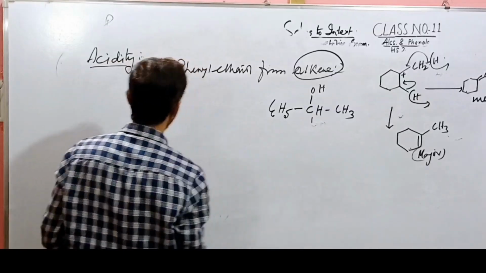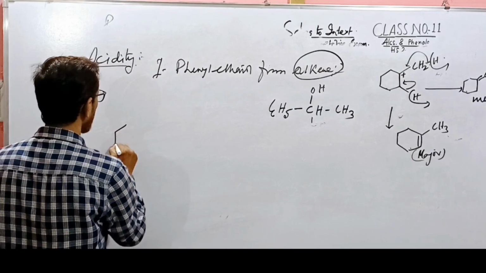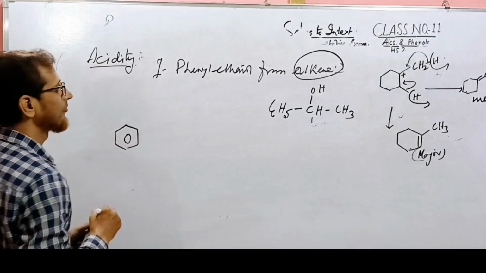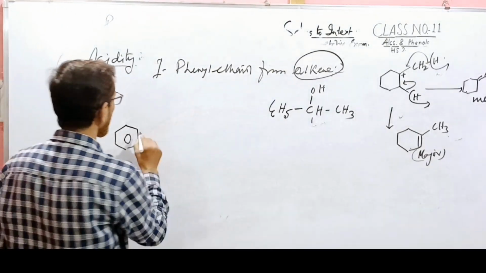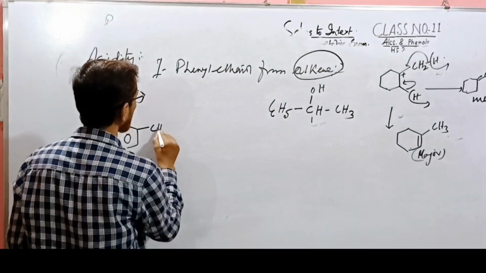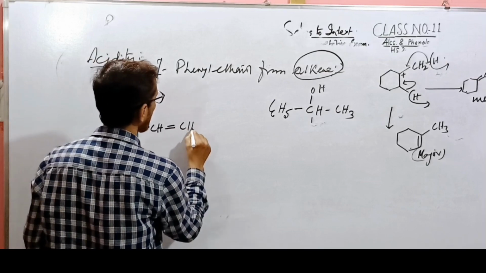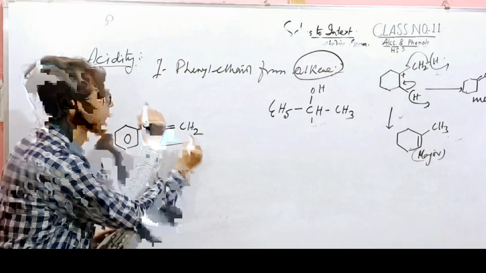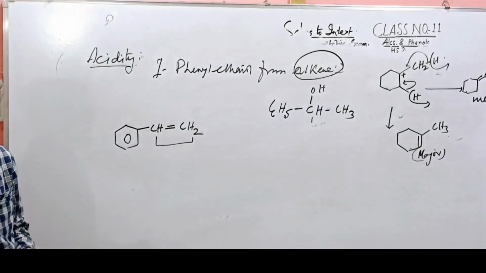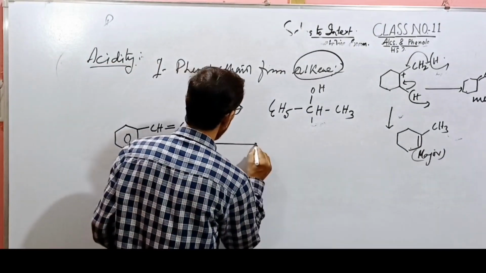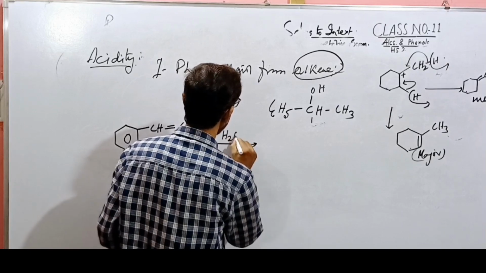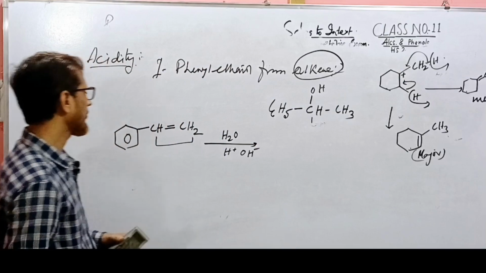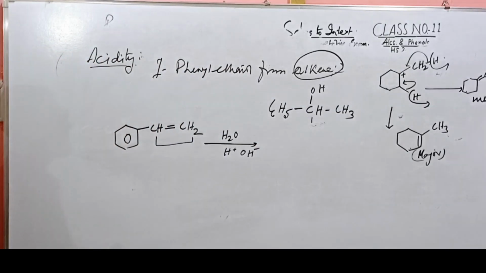This is the benzene part, and that other part is CH double bond CH2, which is the alkene. Now if we acid hydrolyze, O is positive and O is negative.